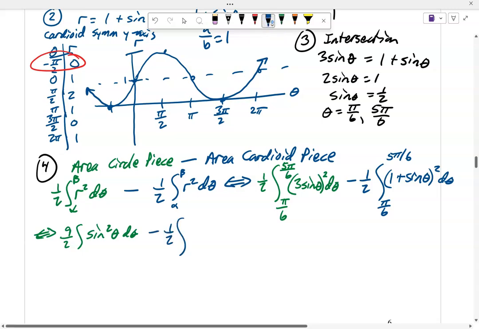Minus a half. And I'm going to expand 1 plus sine theta times another 1 plus sine theta. Foil that out. 1 plus 2 sine theta plus sine squared theta d theta.